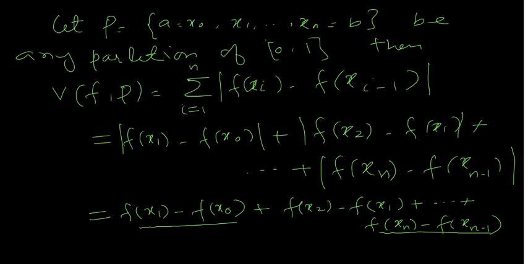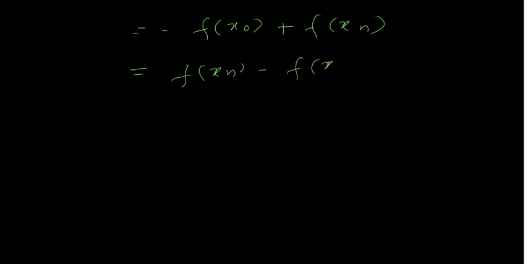So this is equal to minus f of x0 plus f of xn, that is, f of xn minus f of x0.